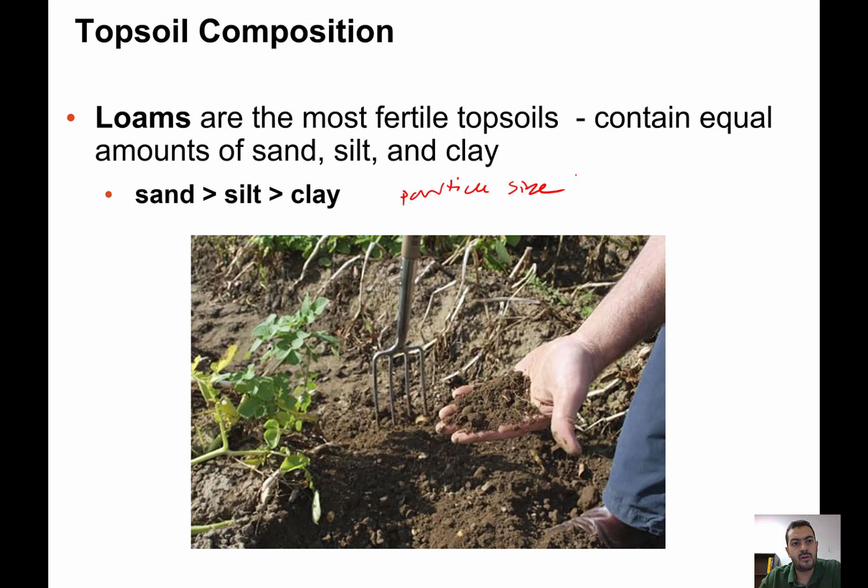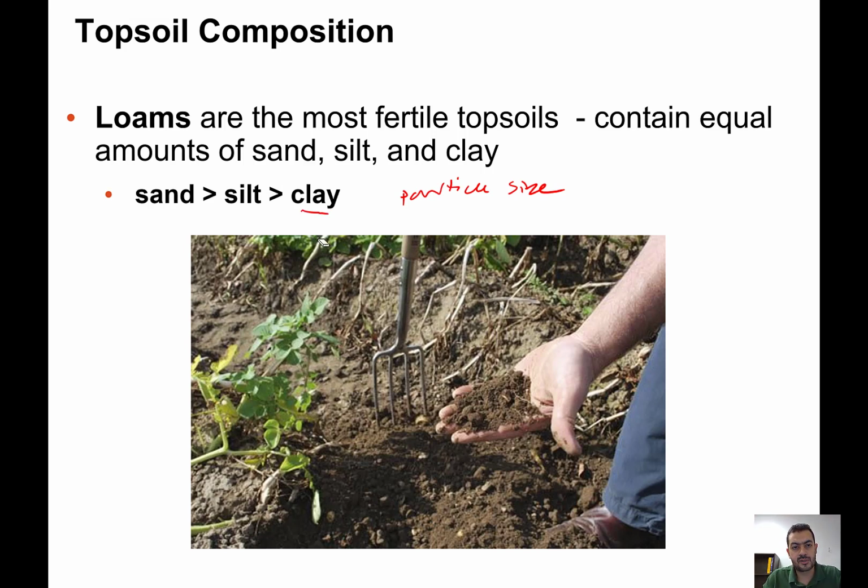If we have a soil that is rich in sand, that's something good because these gaps will allow the infiltration of water. But if the majority of the soil is composed of sand, we may lose the water because of excessive infiltration. Moving on to the clay.